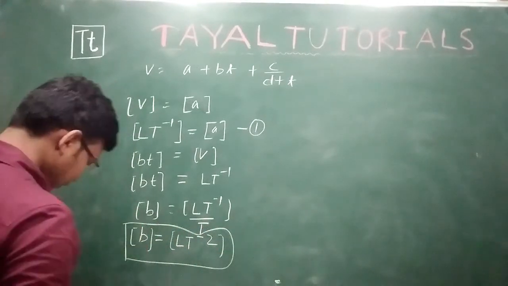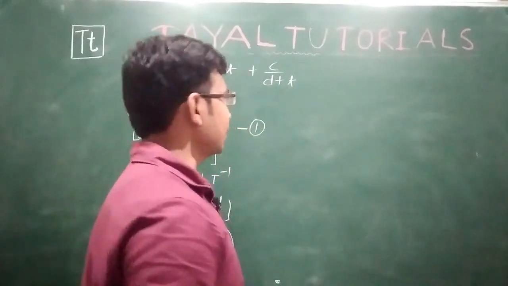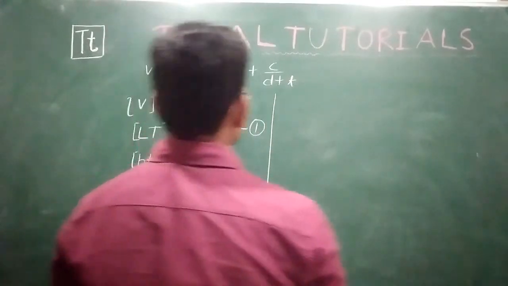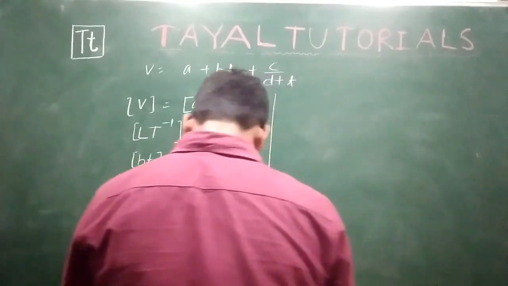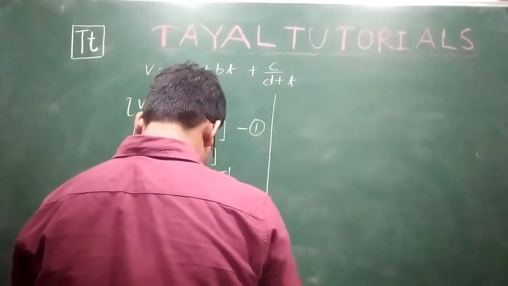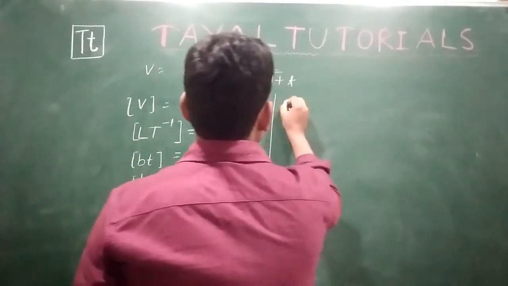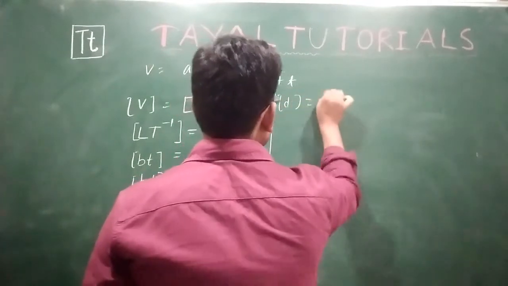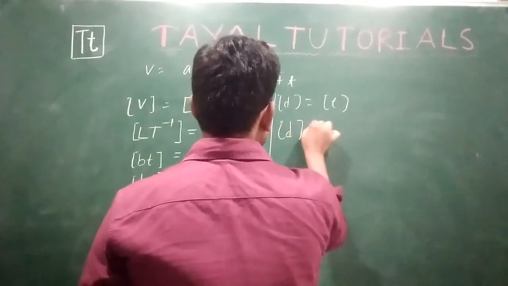Next we are left with the dimension of d and the dimension of c. Before that, the dimension of d is equal to the dimension of t, which is T. Why?